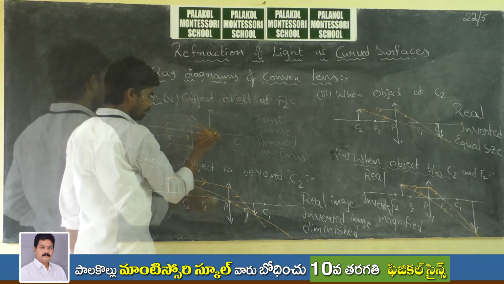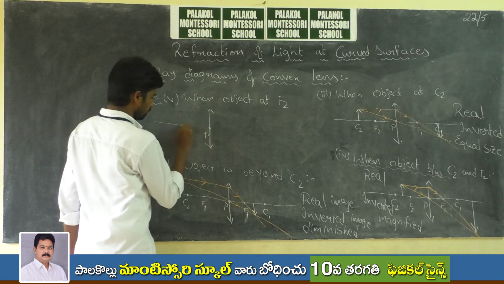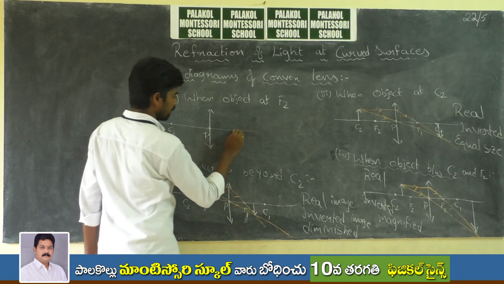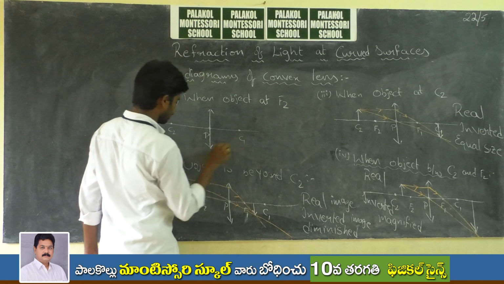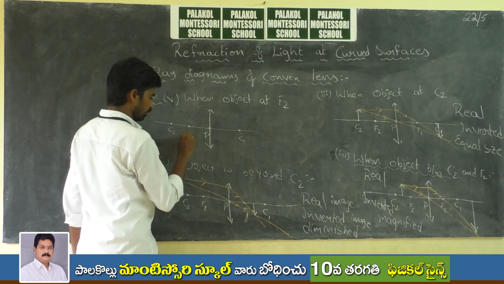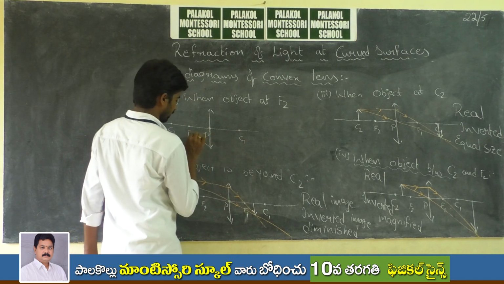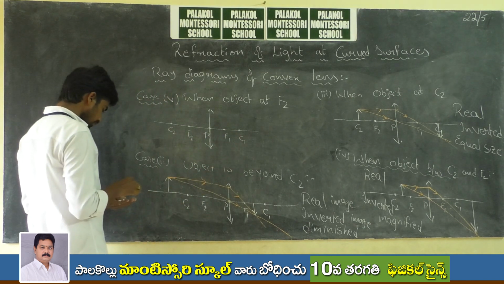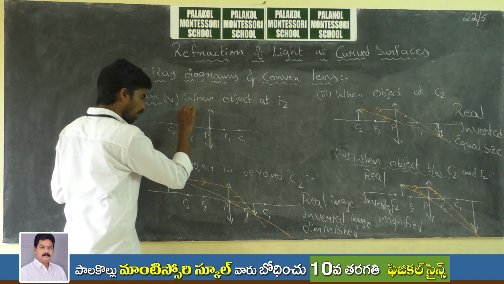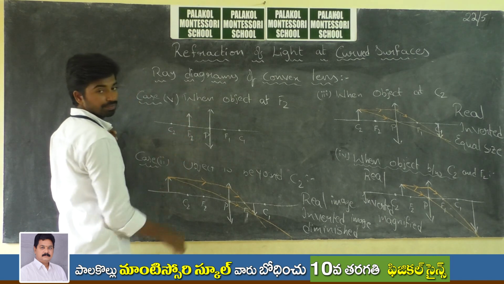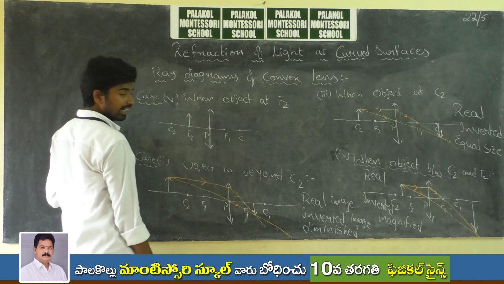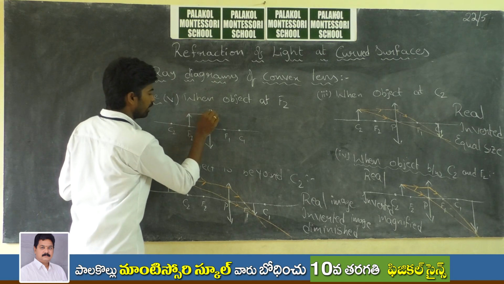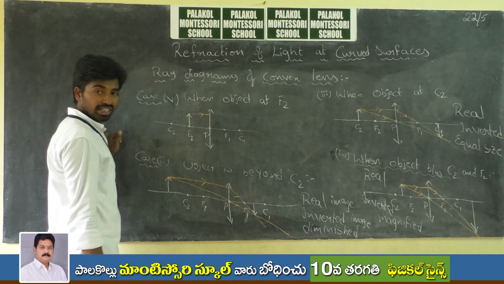So let us say P is the pole, and the line joining the pole and center of curvature is the principal axis. This is the focus point F1. Now place an object at F2. To draw the ray diagram, you have to select two light rays.